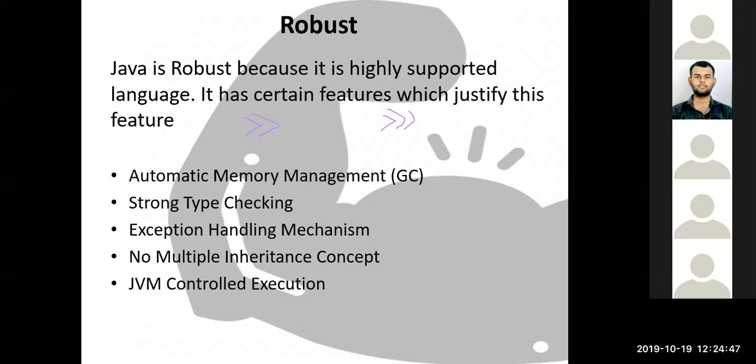So you should have a precautionary measure. Your particular code should be written within such a boundary that it can be handled easily, rather than abruptly terminating your program.